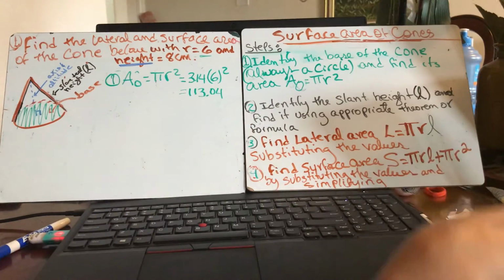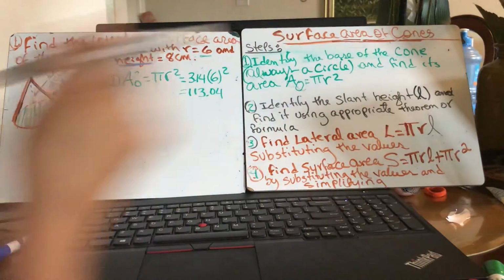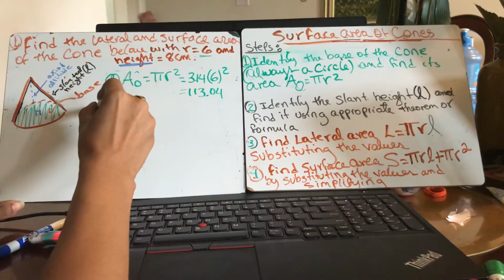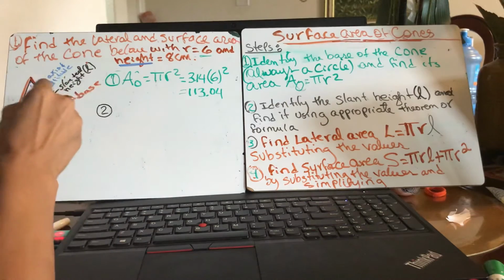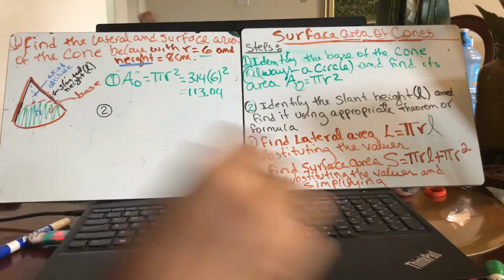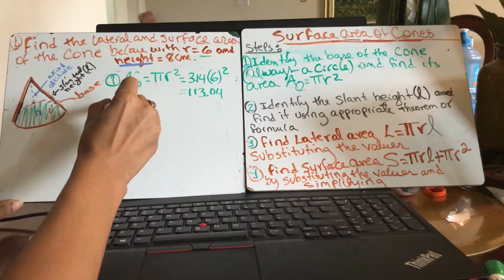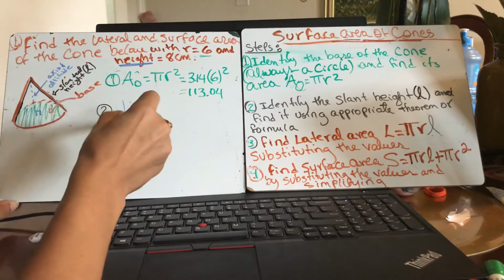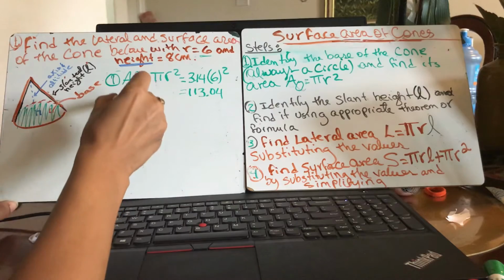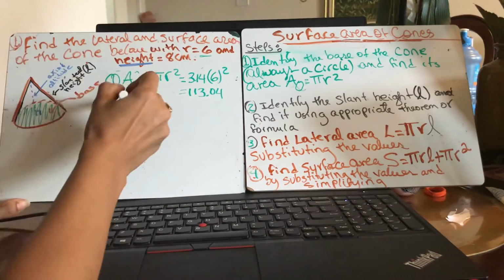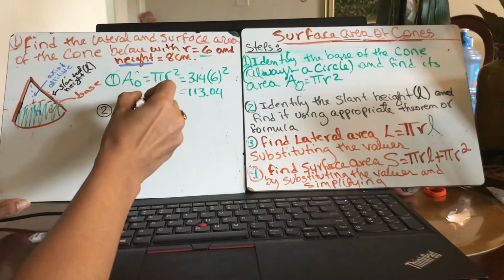So I'm going to find the slanted height using the appropriate theorem. The best thing to do for this problem is to draw the right triangle that is formed. I'm going to have this blue line right here, which is the altitude, perpendicular to the base. But then I also have the slant height, which is what I'm trying to find.